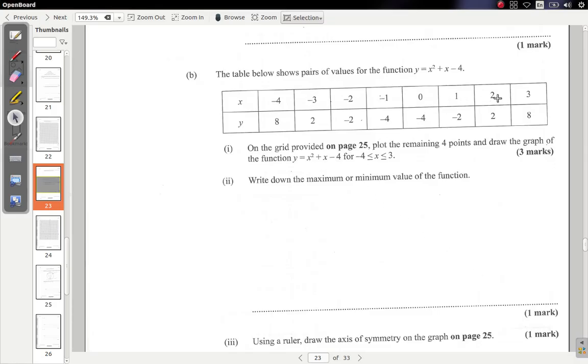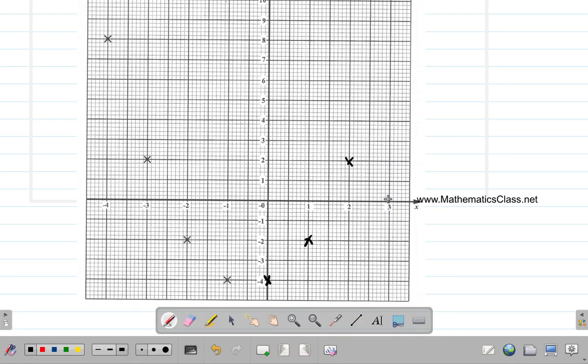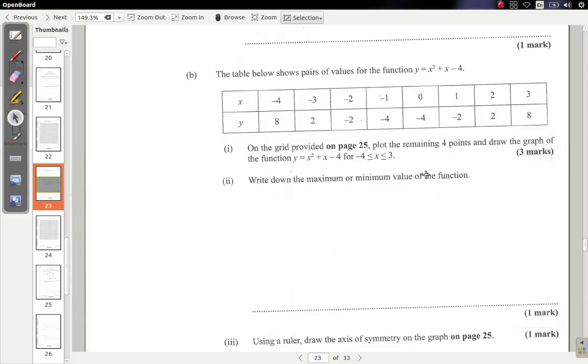You see, 3, 8 is the next point. So x equal 3, y equal 8. Those are all the points. You get a mark if you do that, you know. You get a mark if you do those things there.